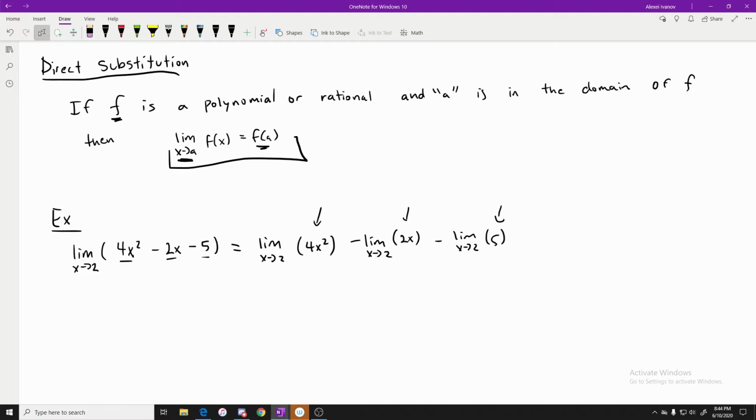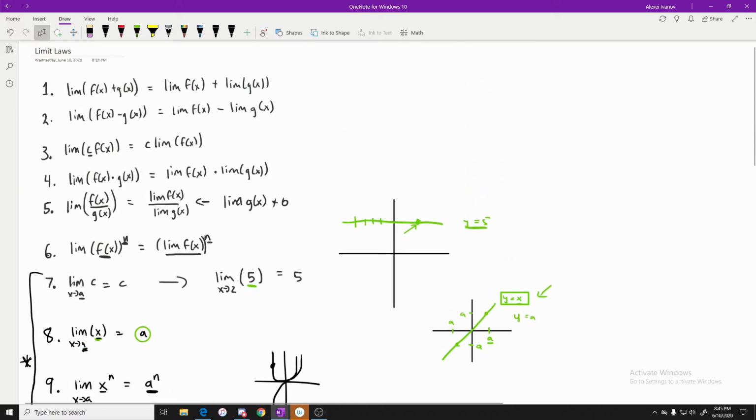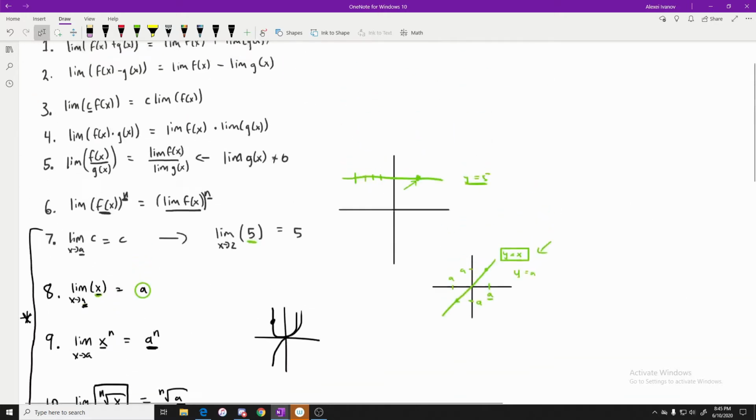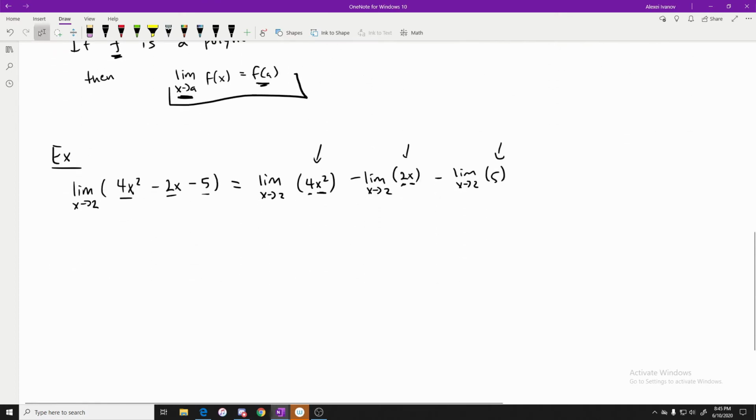So we could just plug it in, but let's expand and work off these limit laws that we were taught. What we can see here is that, again, we have a function being multiplied by a constant, and likewise here. So if we go back up to our laws, number 3 right here deals with that. So we're going to use this law to further simplify this limit.